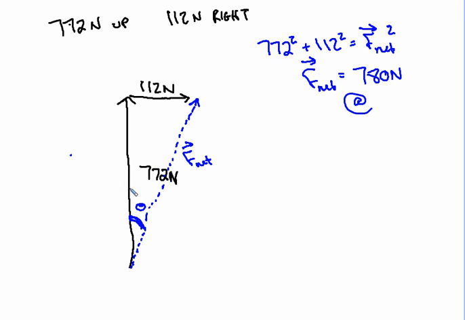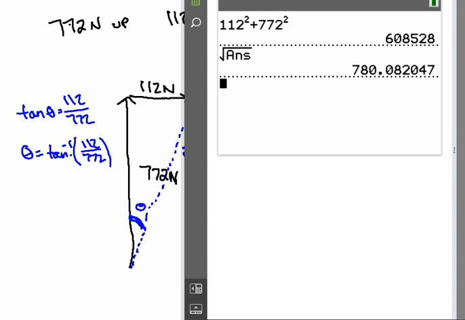At what angle? Okay, so tangent of theta is equal to the opposite length over the adjacent length. So theta is tangent inverse of 112 over 772. Back to the calculator. Tangent inverse 112 divided by 772.